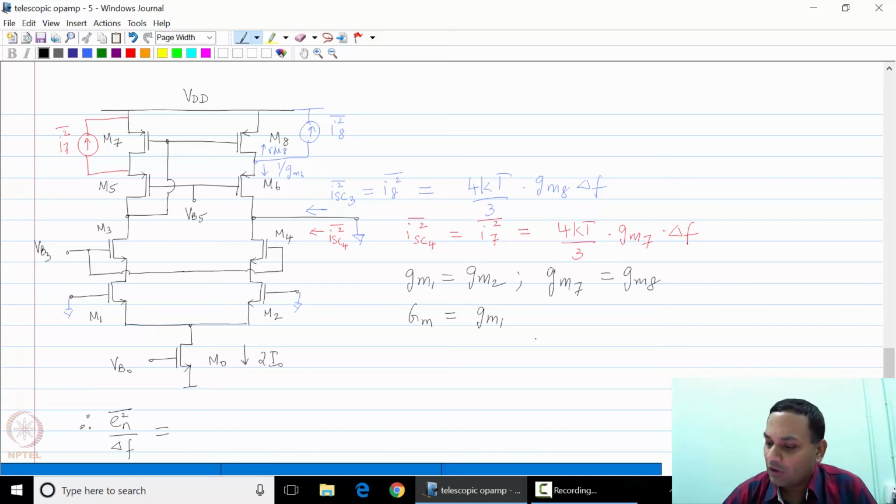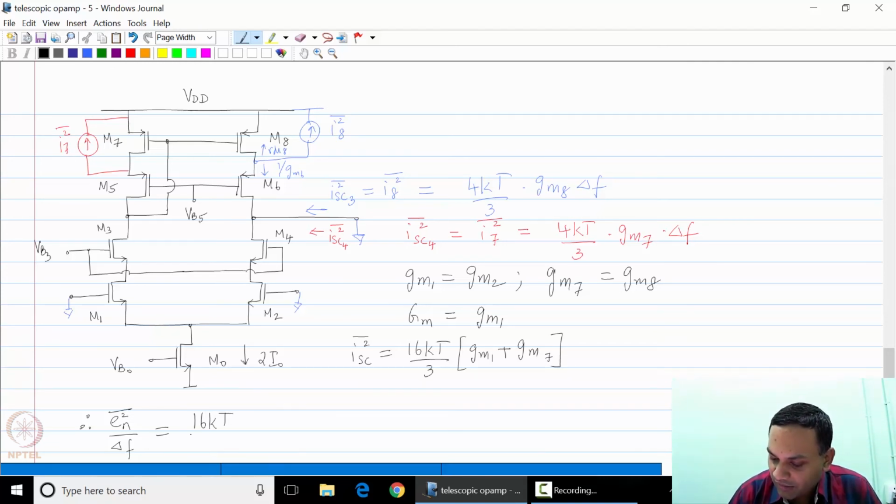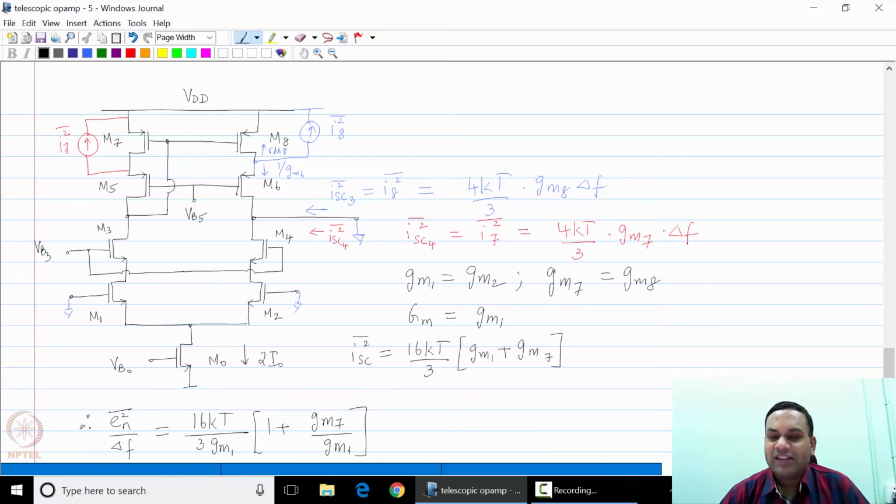So maybe first we will write down the total short circuit noise current. The total short circuit noise current is 16kT by 3 into GM1 plus GM7. Therefore, the total input referred noise squared voltage density is 16kT by 3 GM1 times 1 plus GM7 over GM1.